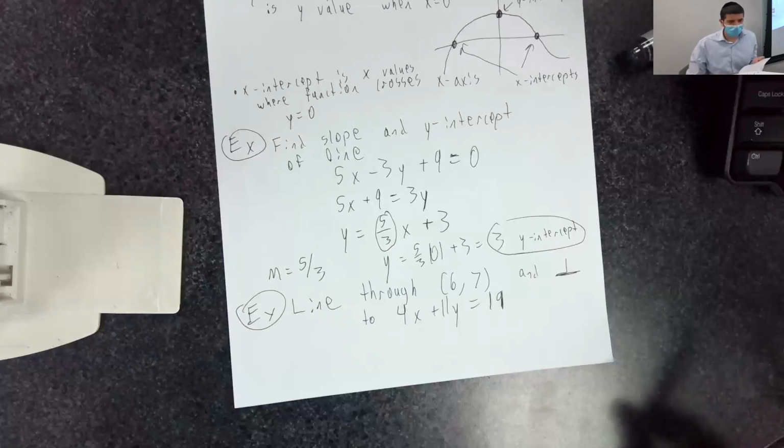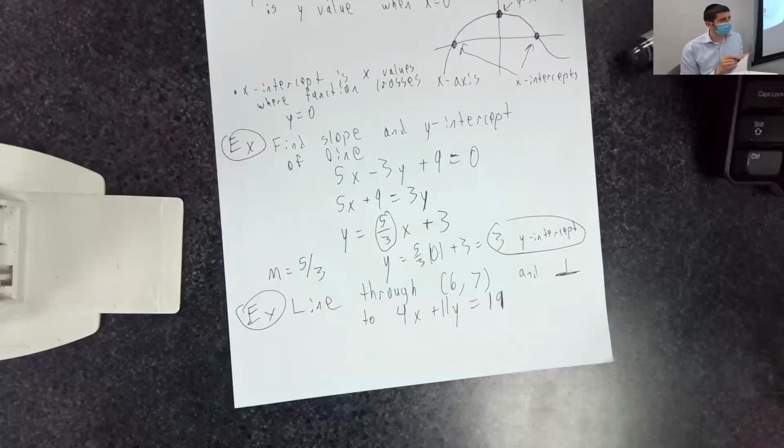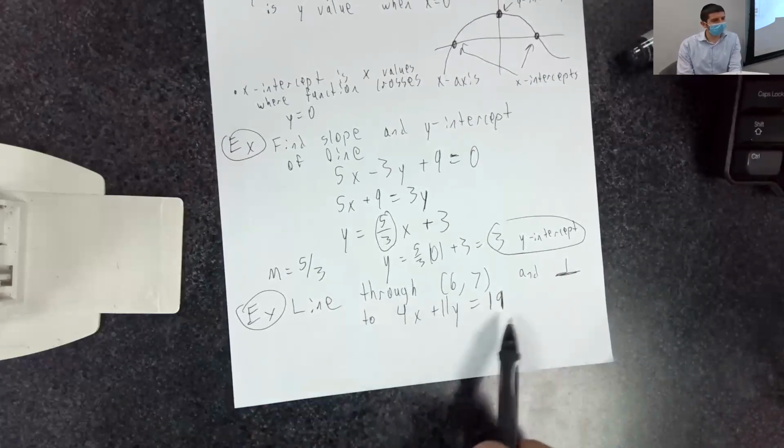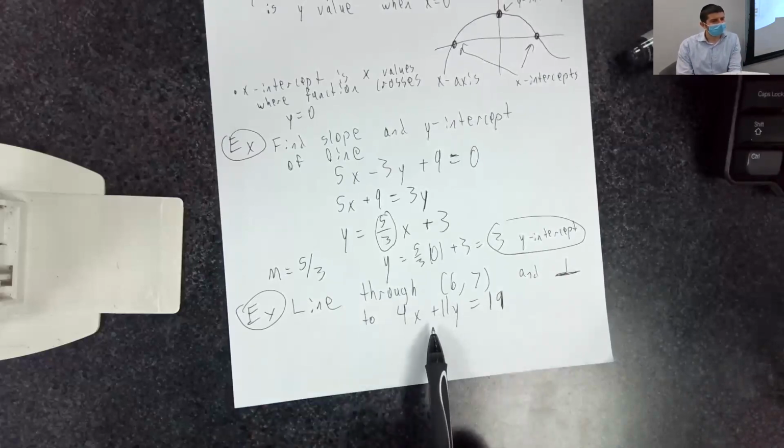Okay, so we get a couple more people and see Ronaldo. Is Ronaldo here? Ronaldo? Yeah, so what's the slope of this line? How do you get it? Slope would be 4/11.